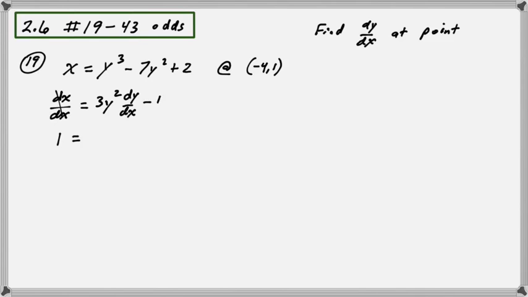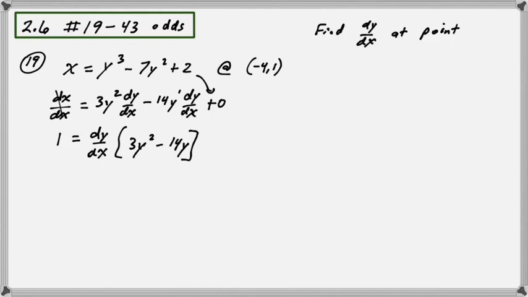Minus 7 times 2 is 14, y to the 1 less power times the derivative of the base. Since it's a y, I put a dy dx. And the derivative of a constant would be 0. I'm going to factor a dy dx out of these two on the right and solve for dy dx by dividing, because the opposite of multiplying would be to divide.